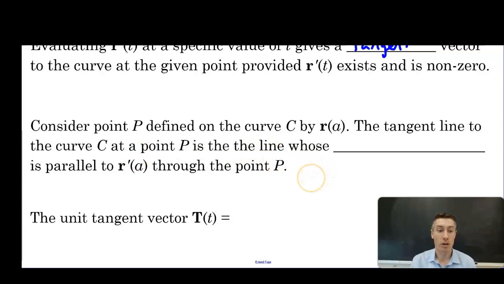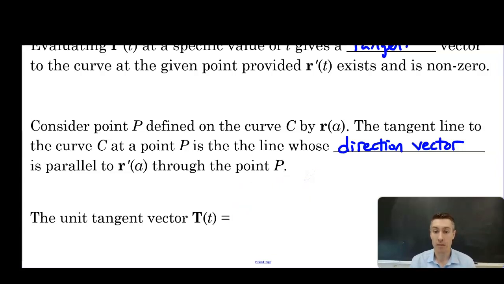The tangent line to the curve C at a point P is the line whose direction vector is parallel to r prime of a through the point P. Now, with all the letters, that can be a little bit confusing.